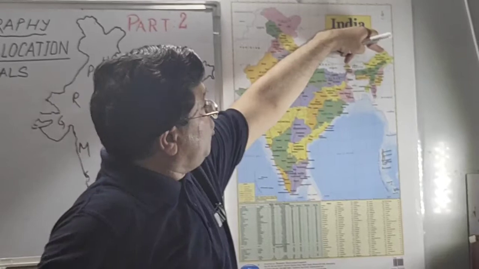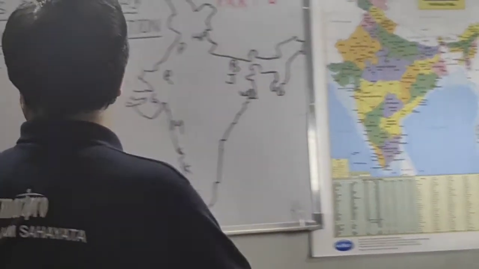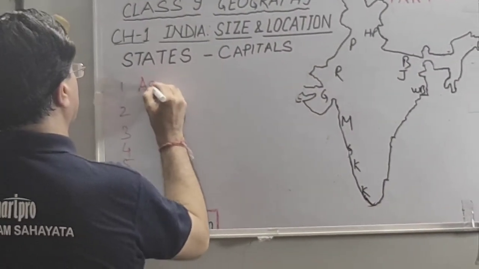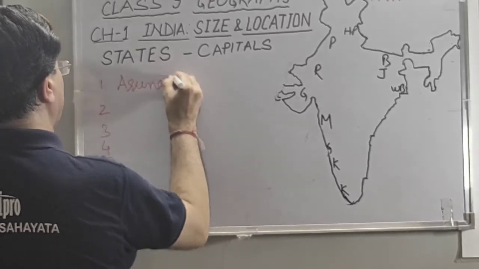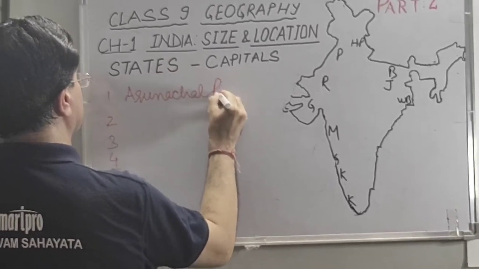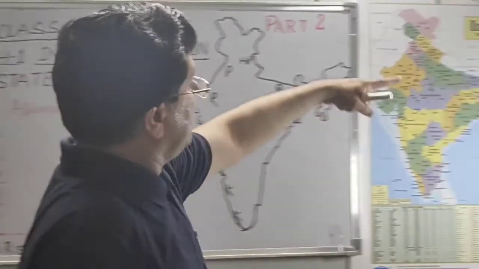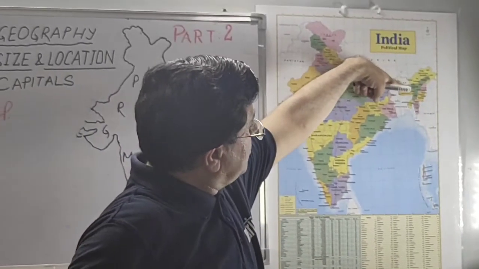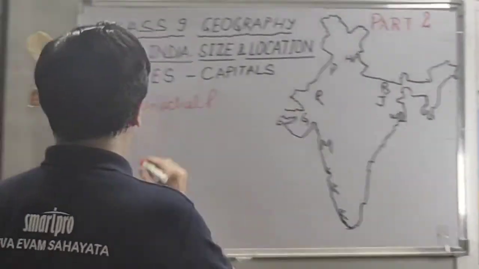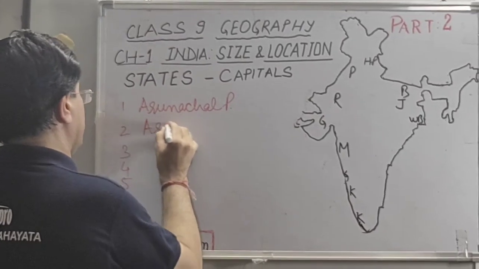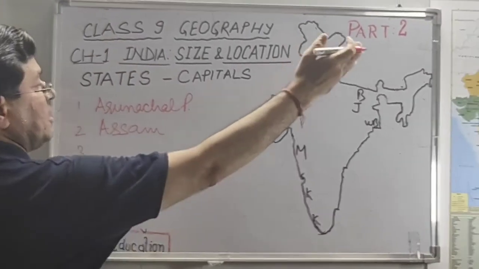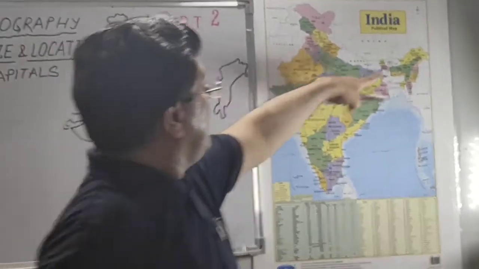In this region, the northernmost is Arunachal Pradesh. Then further south, Assam. Then further south, Meghalaya.